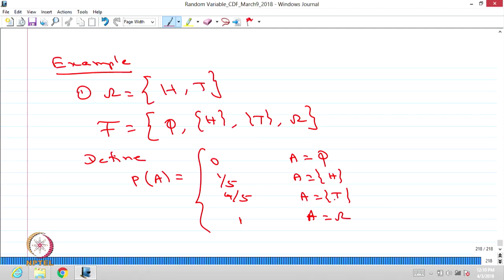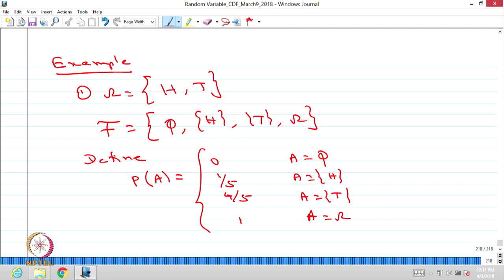Suppose I take the elements H and tail, if I make a union, that union is going to be omega, and P of omega is 1. On the right hand side, P of H is 1 by 5, P of tail is 4 by 5, and if I add them, that is going to be 1.